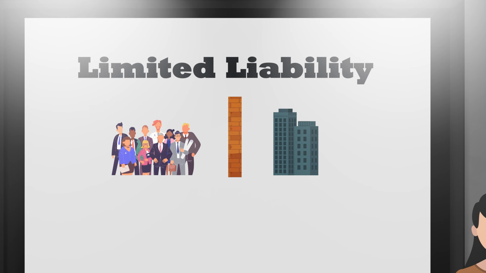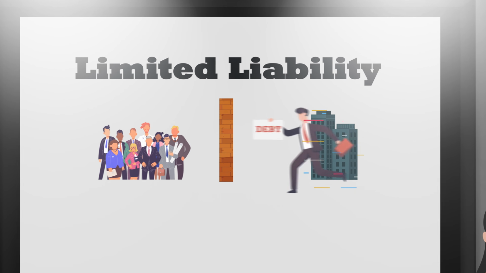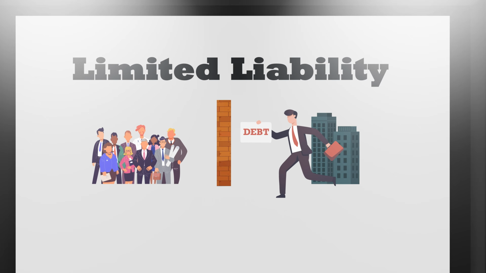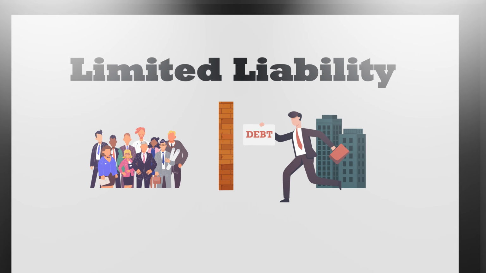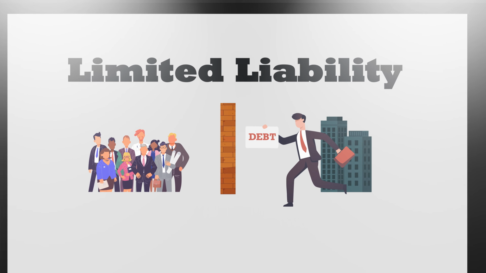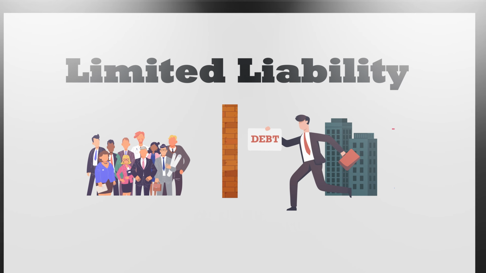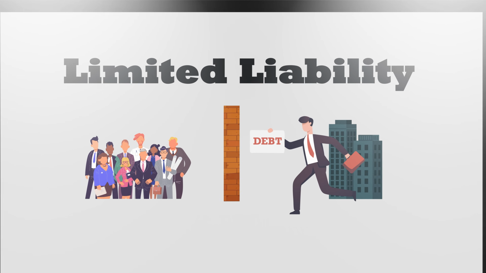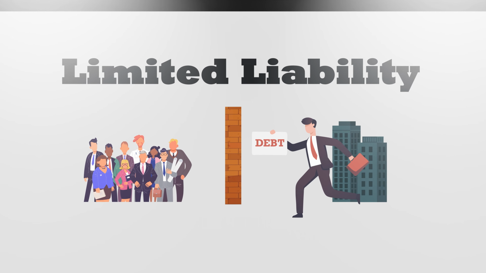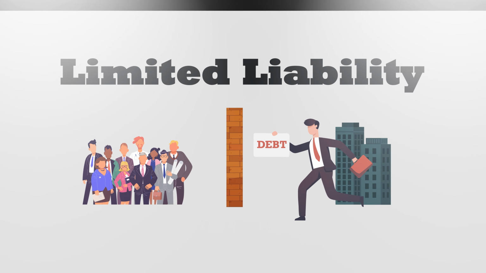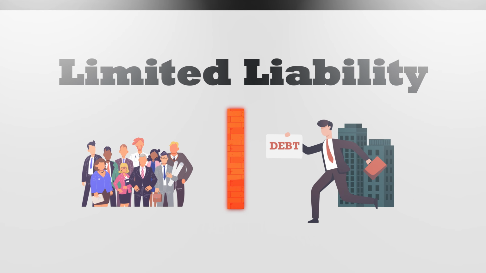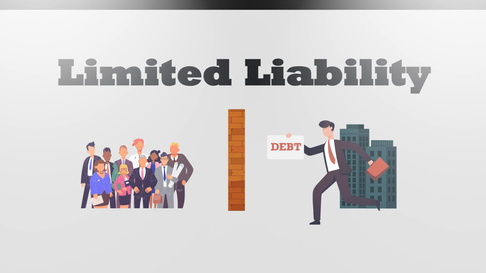And people who have claims against the corporation, whether they're tort creditors or contract creditors, cannot seek to remedy those things by going after the founders of the corporation, the managers of the corporation, and the employees of the corporation. Those people are protected from any kind of obligation for the liabilities of the corporation.